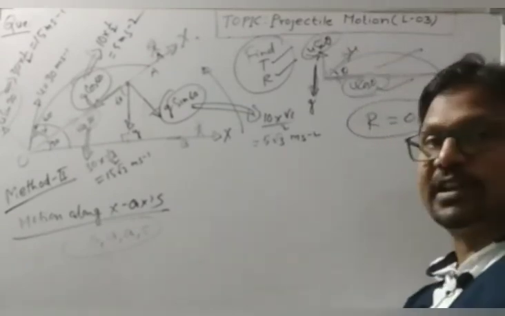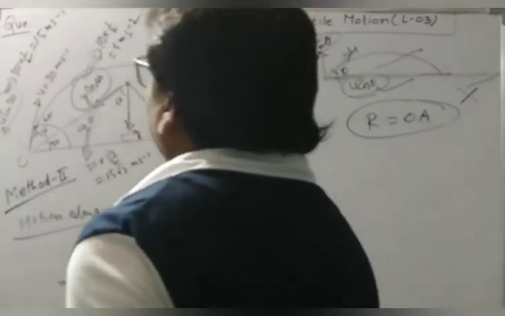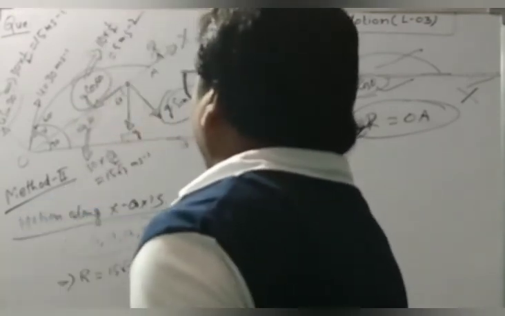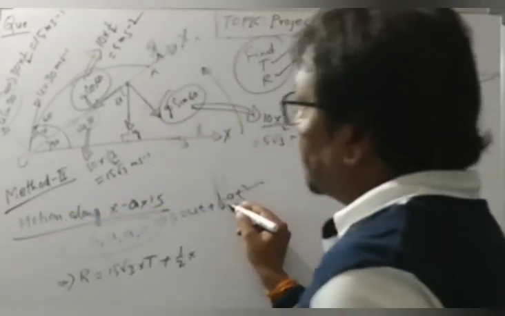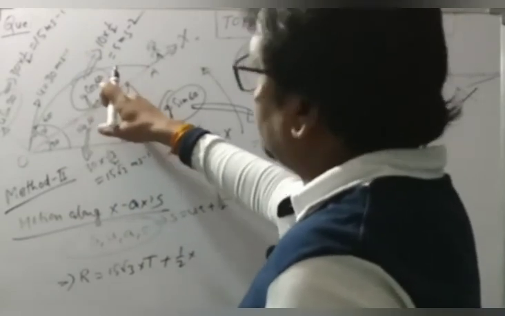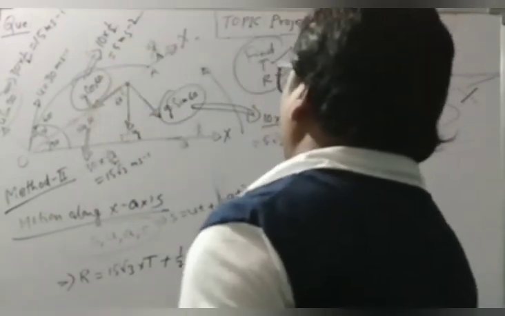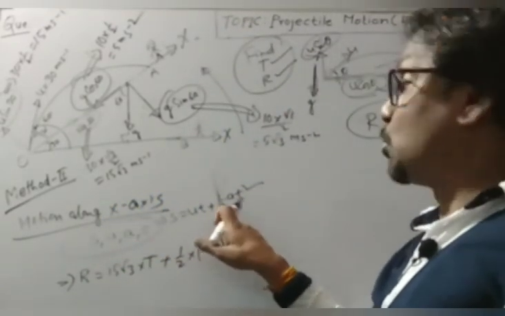The formula using all these variables is definitely S equal to ut plus half a t square. S is basically R, so just put R. U is basically 50 root 3, and T is capital T. A is basically retardation, and its magnitude is g cos 60, that is 5, but with a minus sign because it is acting opposite to u.